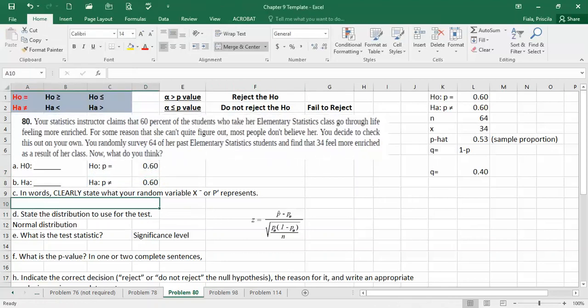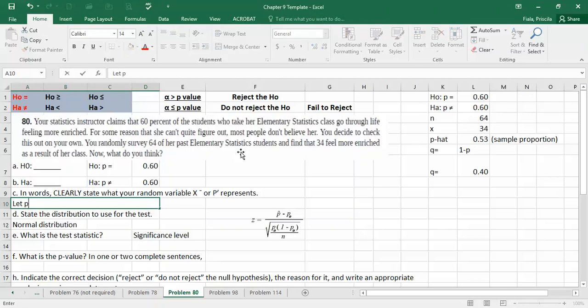And then now we're going to define in words what either my mean or my sample proportion means. So right here we define it, it's going to be a proportion problem.